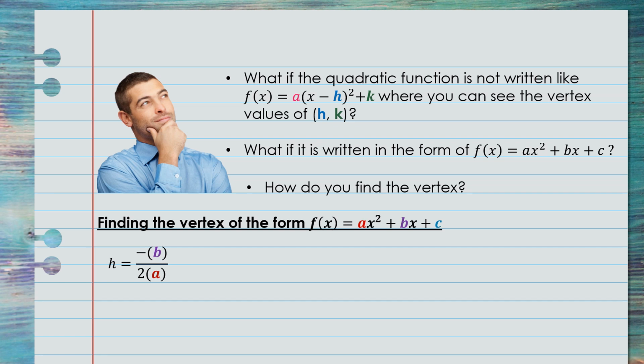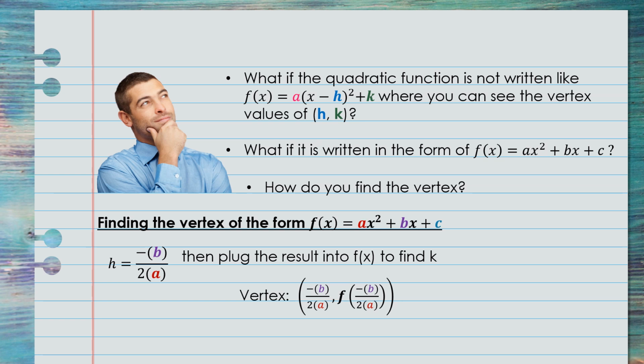Once you have the result for h, you then plug the result into the function to find the corresponding k value. So again, your vertex is made up of your h, which is -b over 2a, and then k is the result of plugging that value into the function.